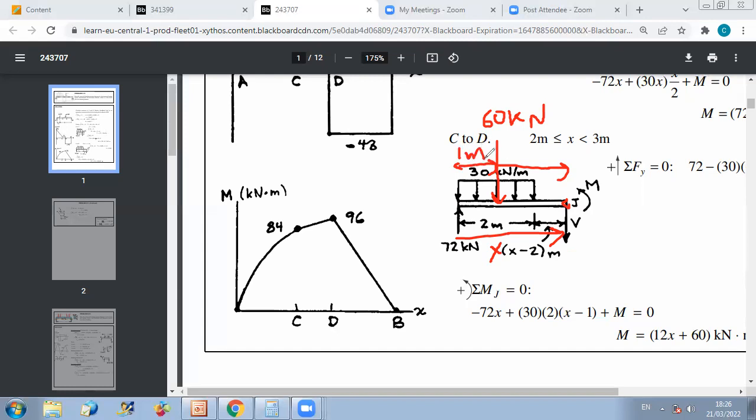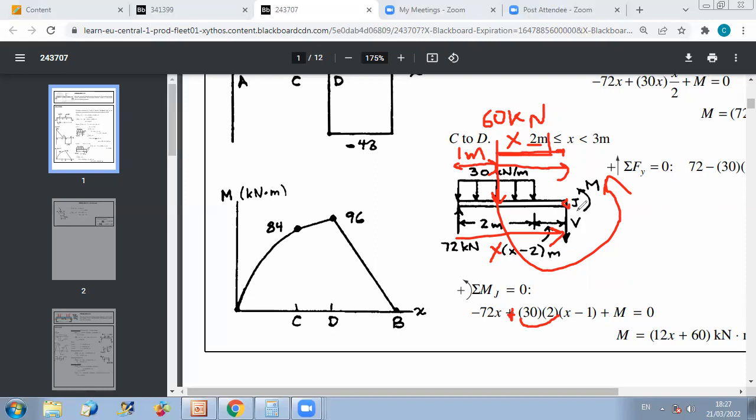This means that the remaining distance from the equivalent force of 60 kilonewton to the section point is the total distance x minus 1. And since you have a counterclockwise moment created by this equivalent force, you put plus 30 times 2, which is 60, the equivalent force, times this distance, x minus 1.